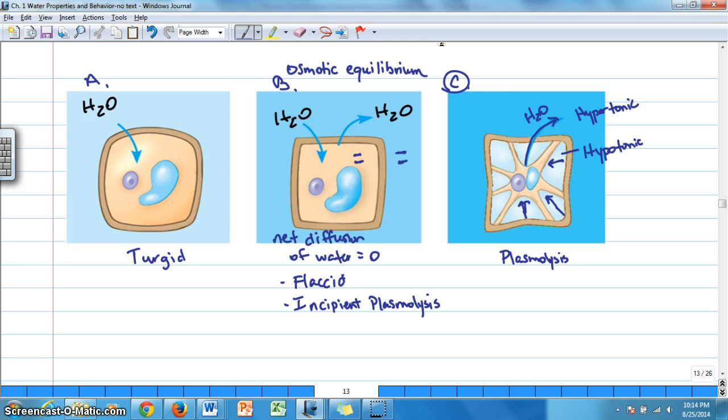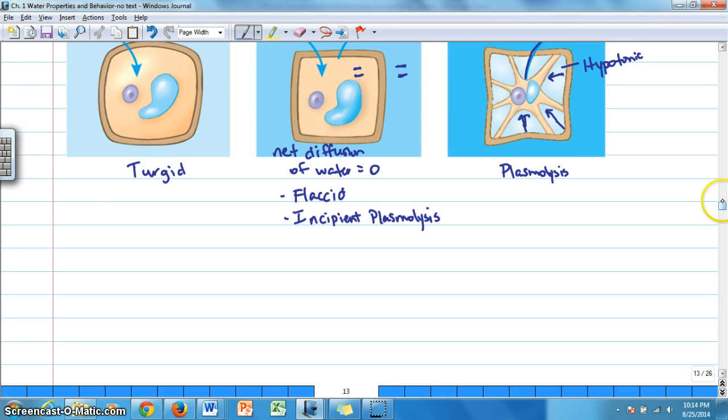And eventually these two, C and A, are going to reach osmotic equilibrium in theory. Now in living cells that isn't always the case, and we'll talk about why that's true. Alright.